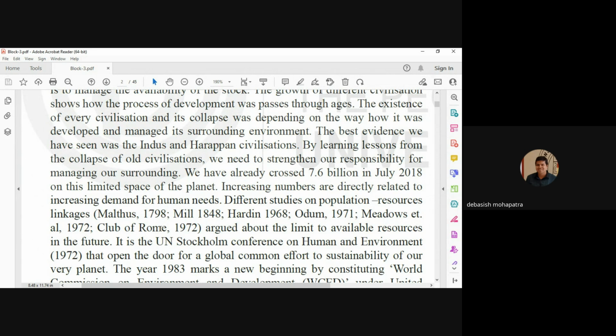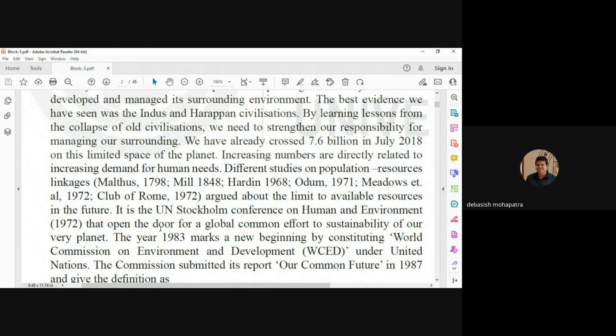The UN Stockholm Conference on Human and Environment opened the door for a global committed effort toward the sustainability of our very planet. The year 1983 marks a new beginning, with the constitution of the World Commission on Environment and Development, WCED, under the United Nations.